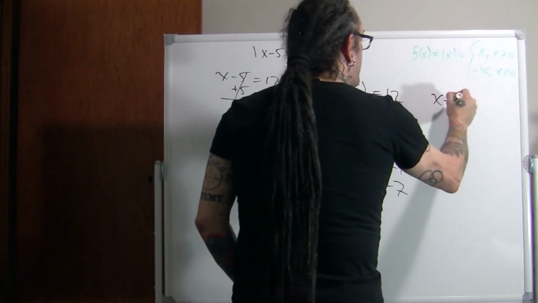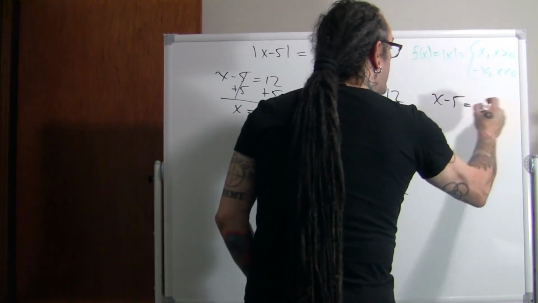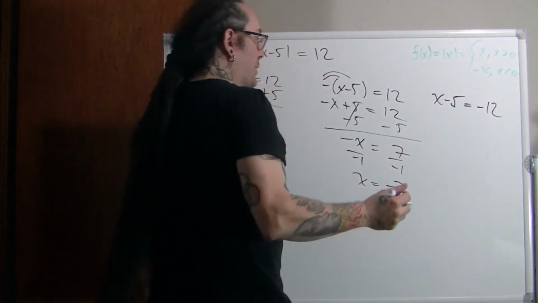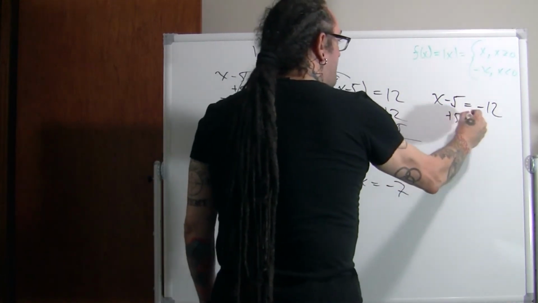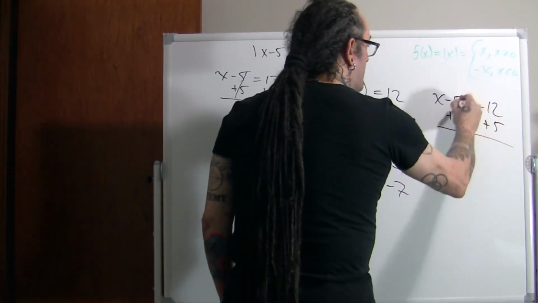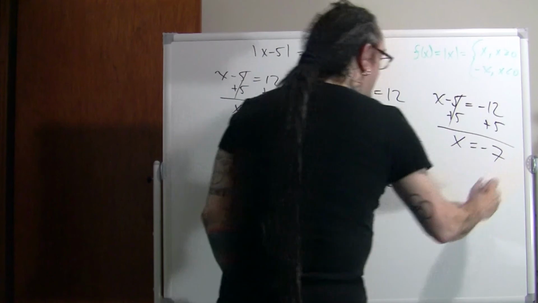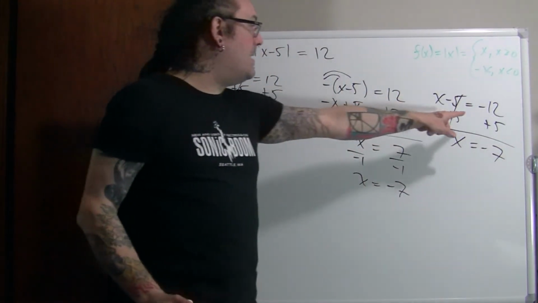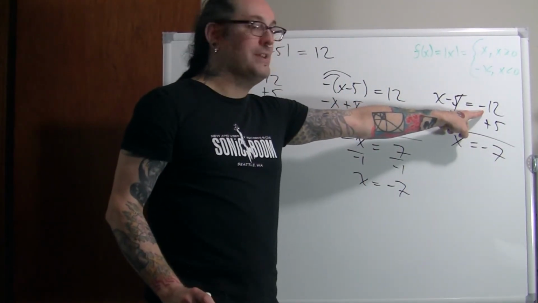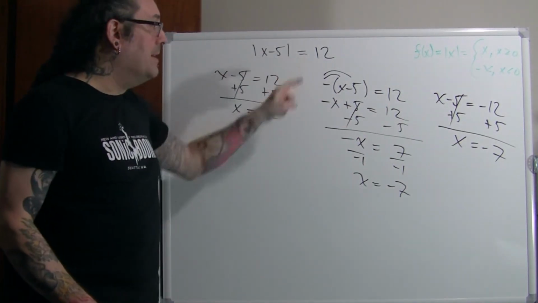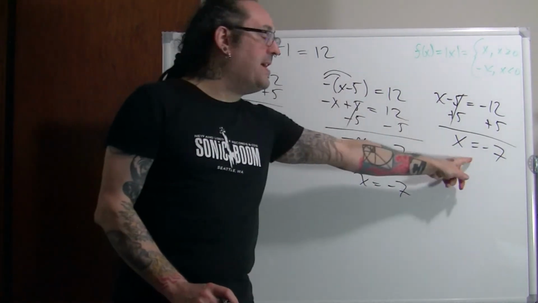So I would say x minus 5 equals minus 12. This is another terrible 5. I'll work on that. If I add 5 to both sides, I get x is minus 7. I sort of get away with it, right? I get away with putting the minus sign over here. With an equation, with an inequality, this absolutely fails, as we've seen.